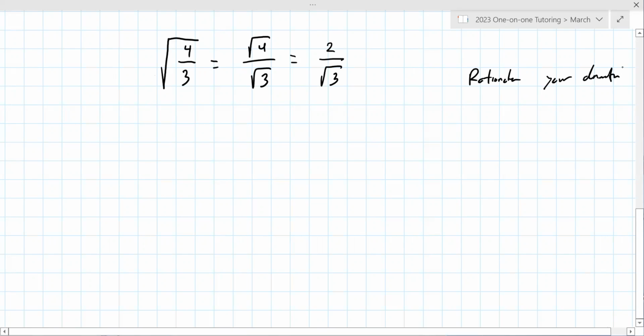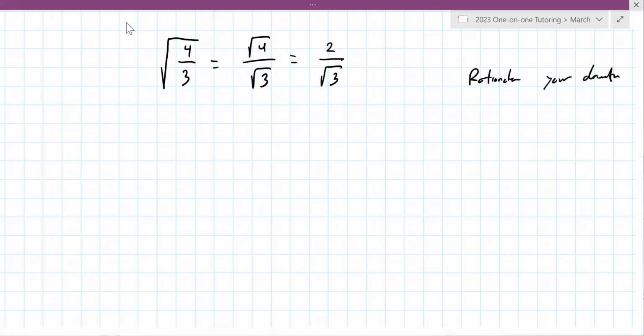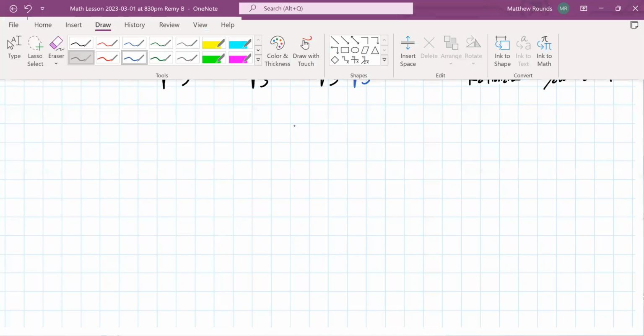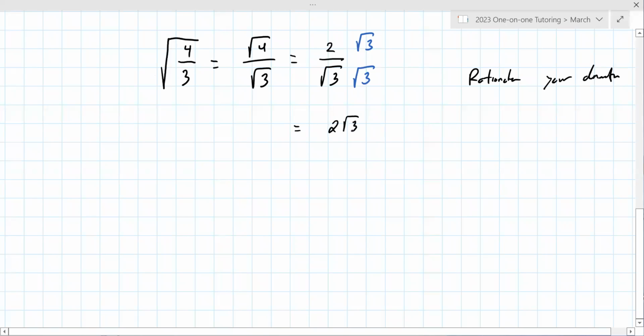The simple answer is you multiply the top and bottom by the square root of whatever is on the bottom. So this becomes 2 square root of 3 over the square root of 9. What is the square root of 9? 3. This becomes 2 square root of 3 over 3.